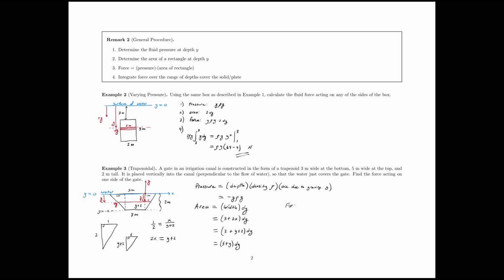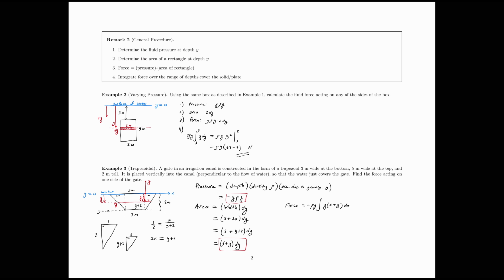So the fluid force will be the integral of our pressure times our area. So this quantity times this quantity. I'll pull out the constants, so the rho and the g will come out front, and I can also pull out the negative. So then we're left over with y times 5 plus y dy.